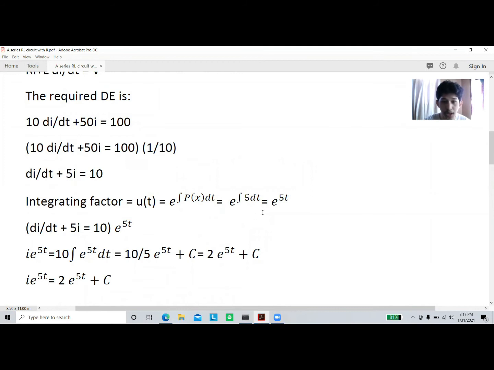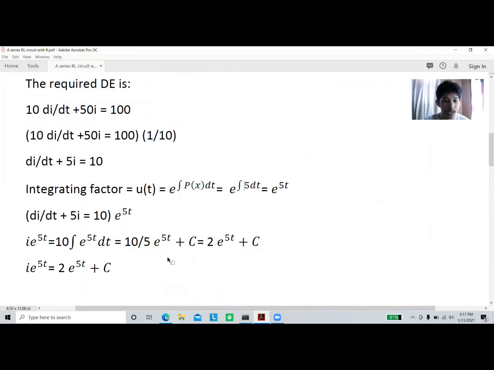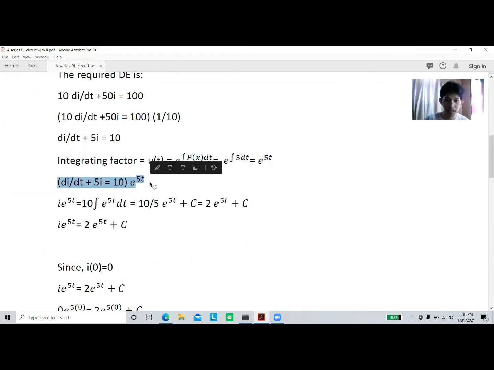After you identify the P of X, you just need to substitute it into this equation. So this will become e raised to the integral of 5 dt. After integrating this one, it will become e raised to 5t.